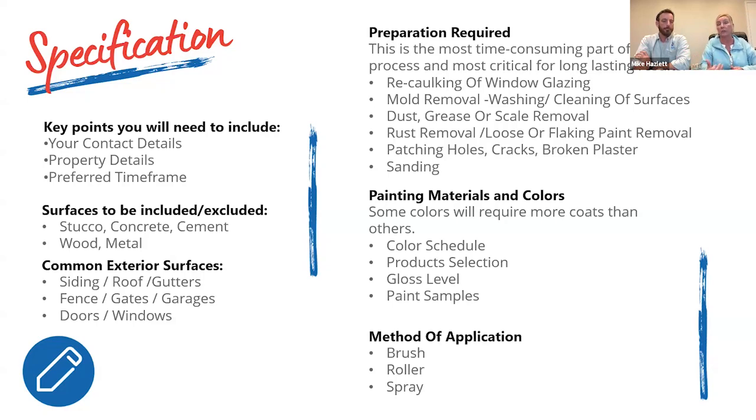Having a specification from any manufacturer helps to control that and get you bids that are more specific to your property. Especially the application part: one company wants to only spray, another wants to use a 1-inch paintbrush. Obviously those prices are going to vary. This makes sure everything's uniform, like Jill was saying.